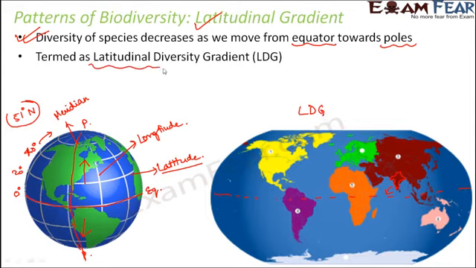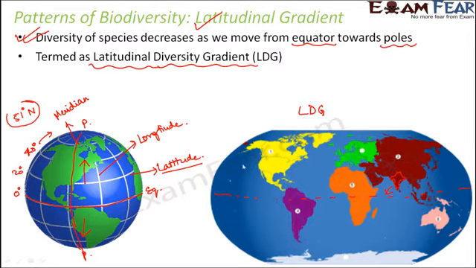So now, I hope you got the concept of why we talk about this gradient. That's because the diversity of plants and animals throughout the world is not uniform. It has an uneven distribution. In some places the diversity is more, in some places the diversity is less.